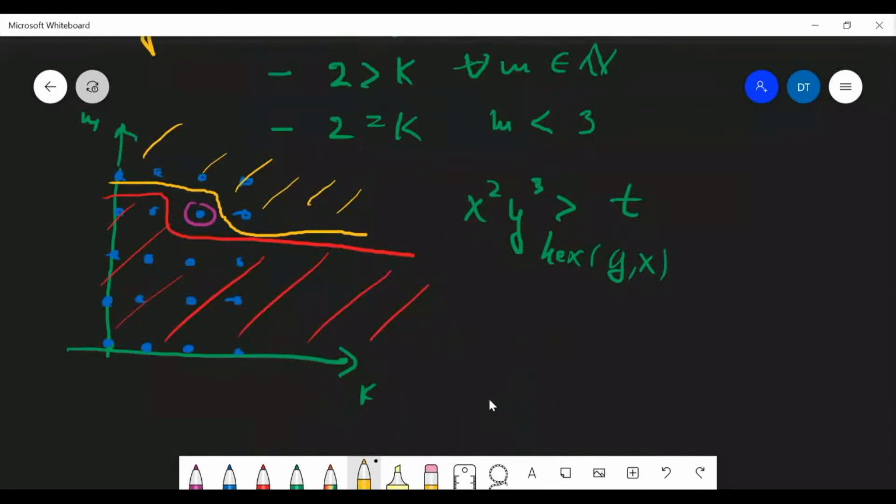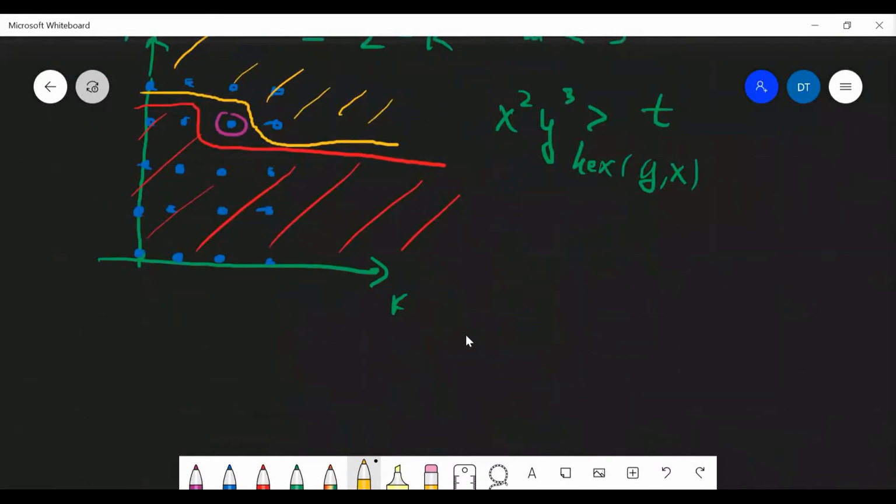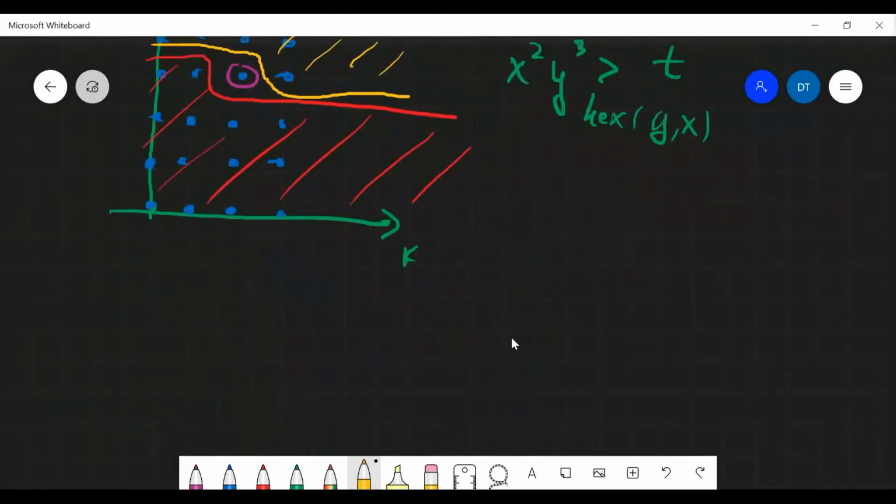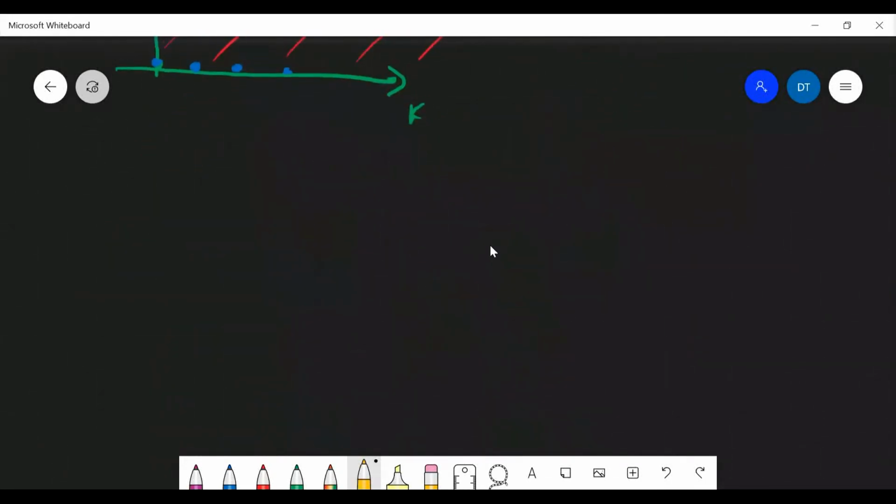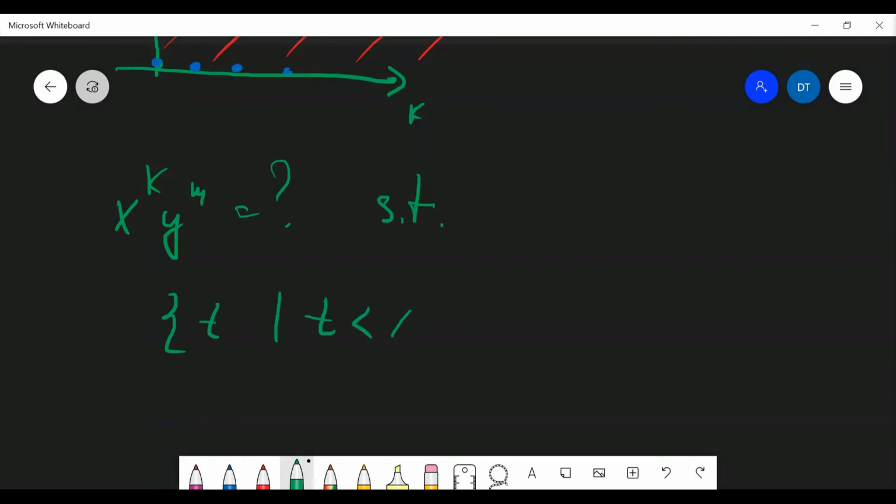But is it possible to find a monomial such that only finitely many monomials are smaller than it? Let me write this down. I want to find a monomial x to the k, y to the m, such that the set of monomials strictly smaller with respect to, say, lexicographical ordering with x higher than y, is finite.